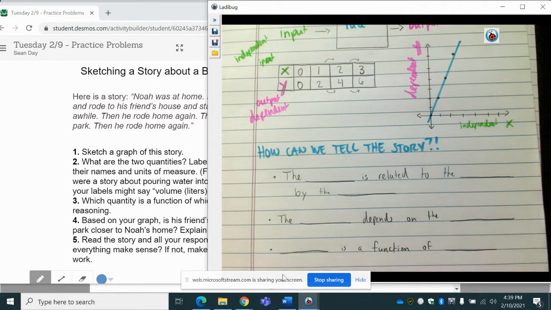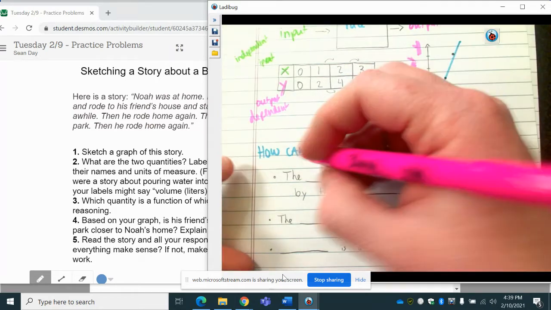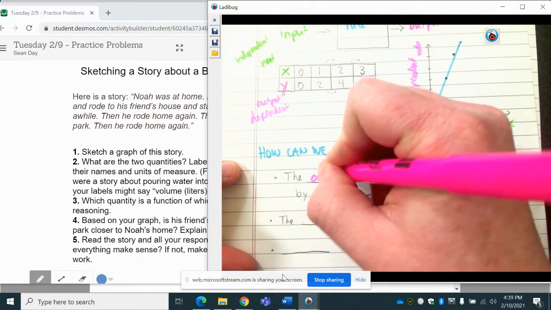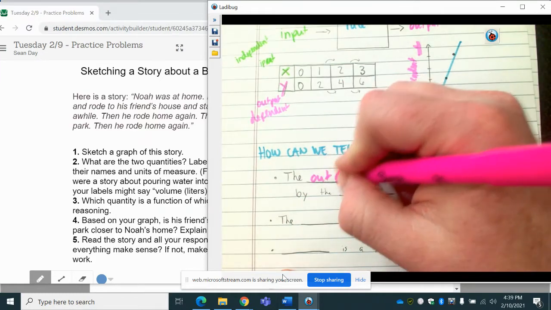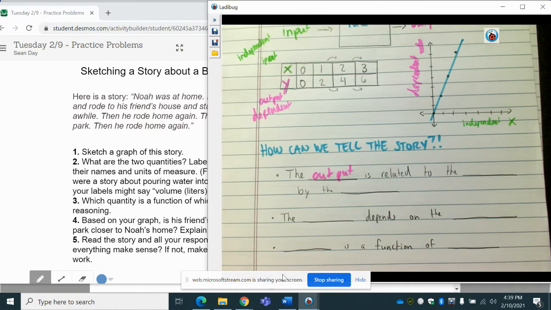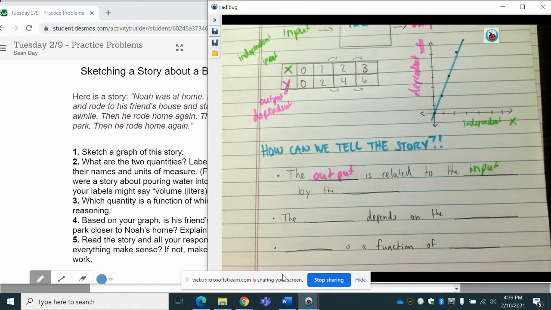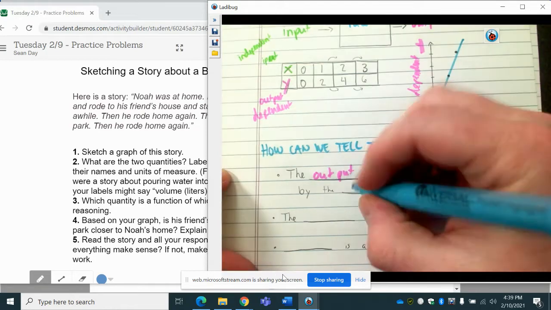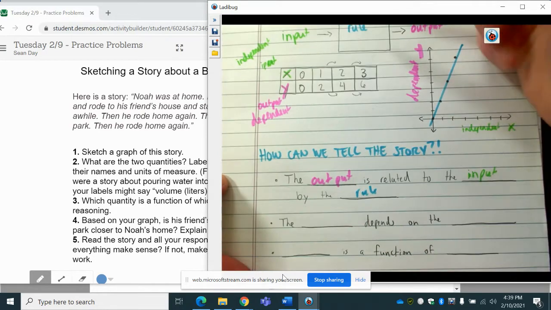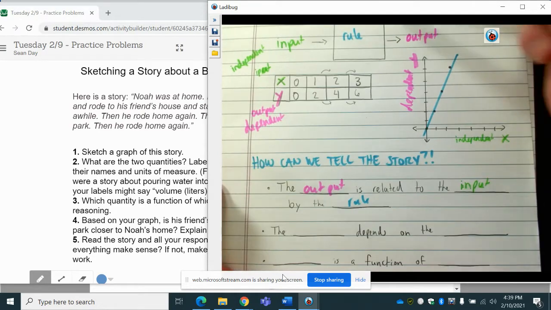So a reminder that the output is related to the input by some rule. Our output is related to our input by some rule. It follows some rule.